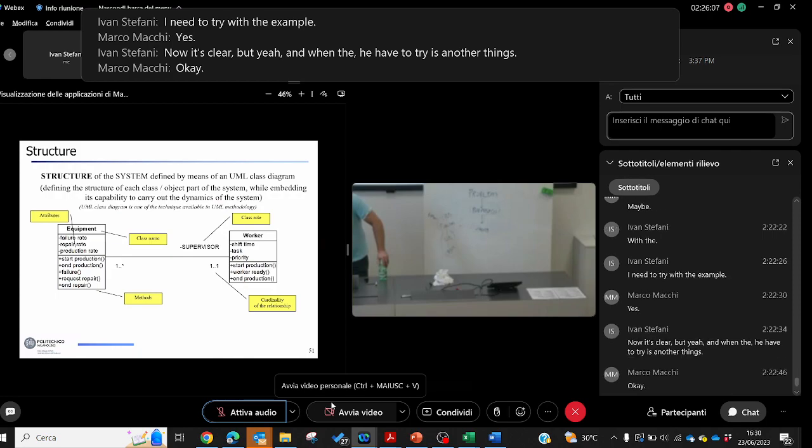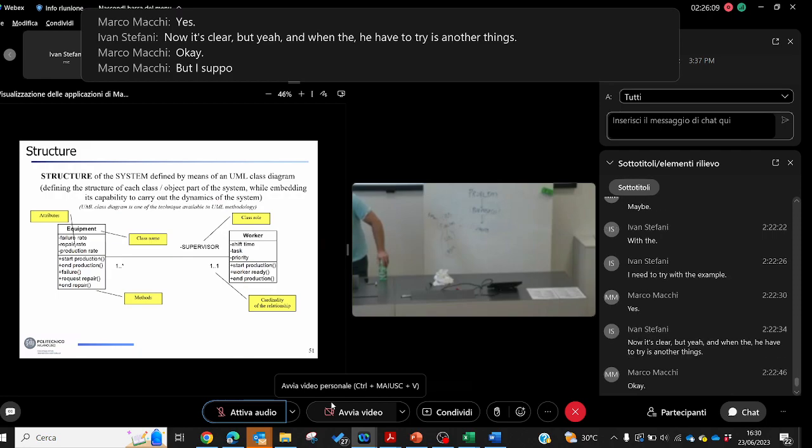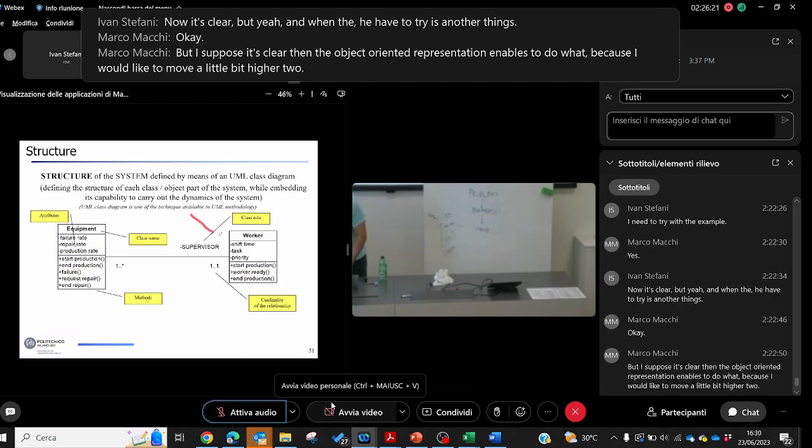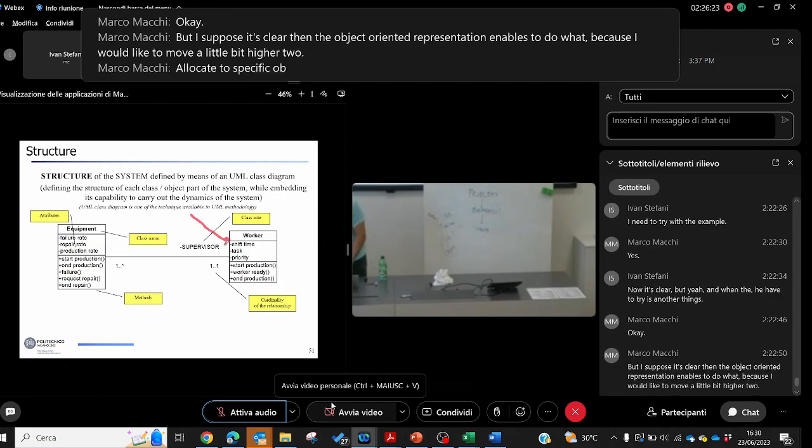But I suppose it's clear that the object-oriented representation enables us to do what? Because I would like to move a little bit ahead, to allocate to specific objects what is needed to make a system. That's the point.